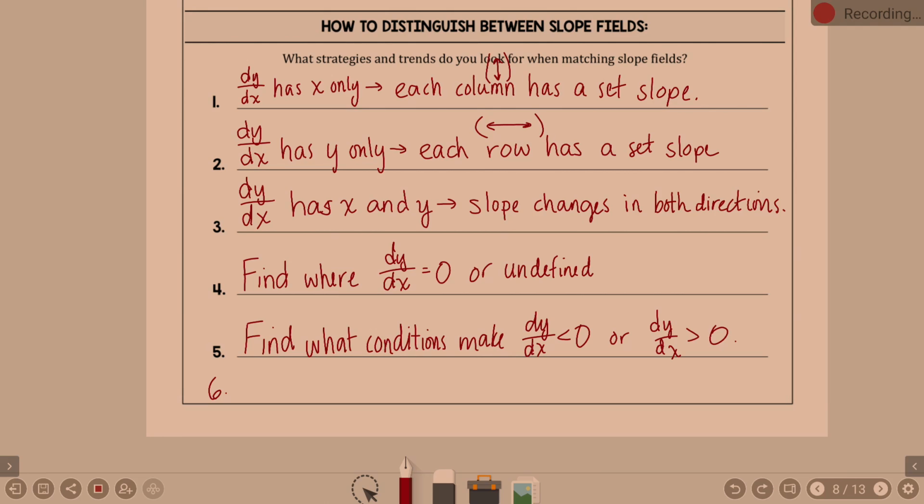So that was the other one I had: check specific points in each quadrant.